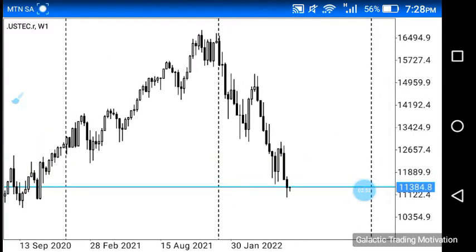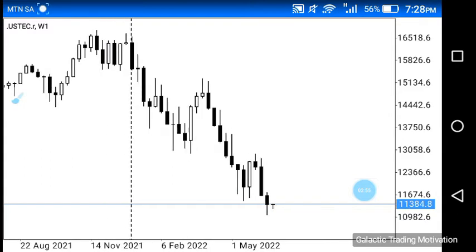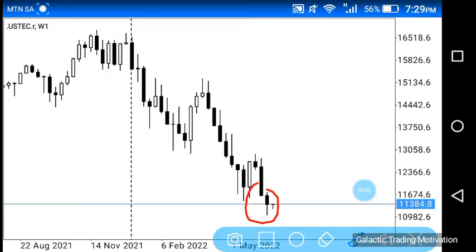On this chart, let's look at actually last week's candle, which is this candle over here. It is also a bearish candlestick with a small body and a long lower wick.